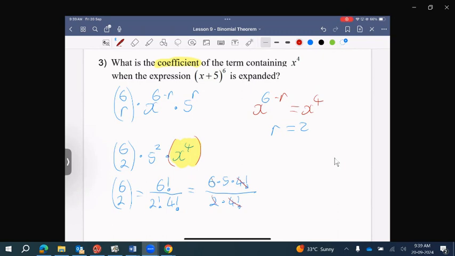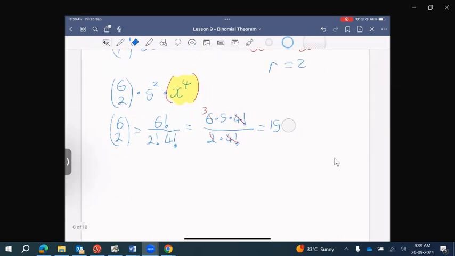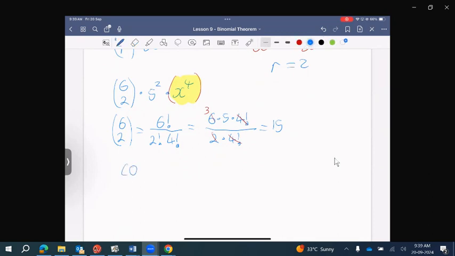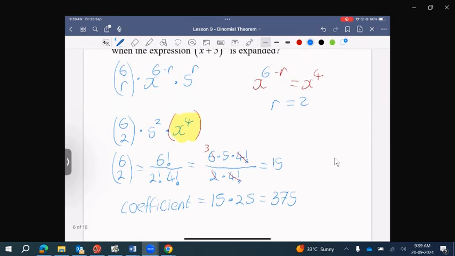This simplifies to a 3, and I've got 15 for that. So our coefficient is going to be 15 times 25, which is 375. So that term is going to be 375 x to the power of 4.